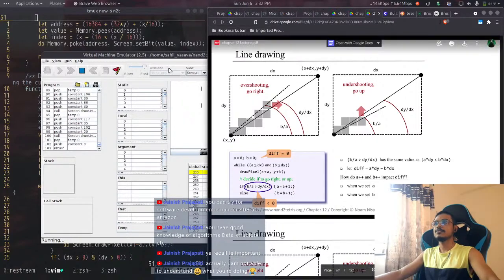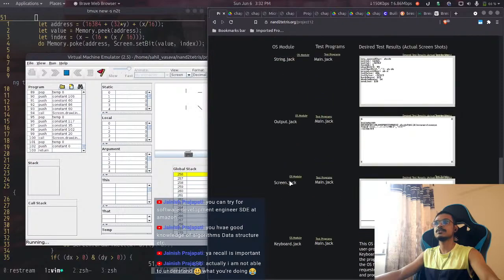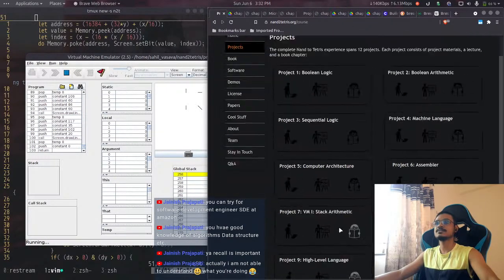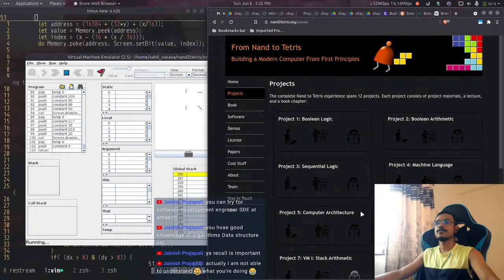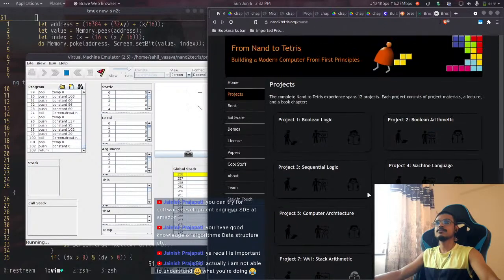Yeah, I mean, you won't be able to understand because all of this is part of this course, and I've been doing this for 4 months now. So I did all of this stuff, and finally I'm at the final project, operating system. What basically I'm doing is trying to create a computer from scratch.